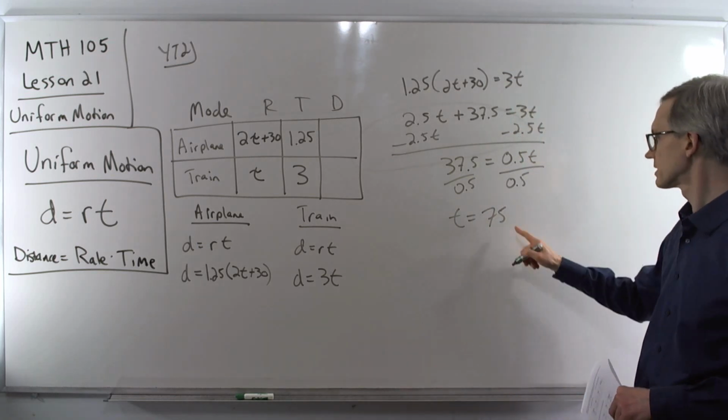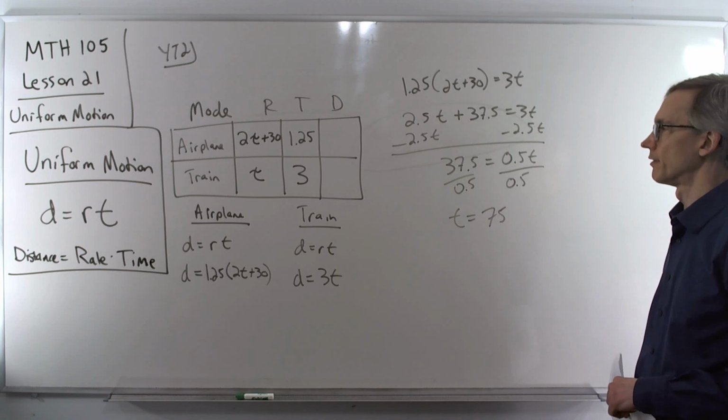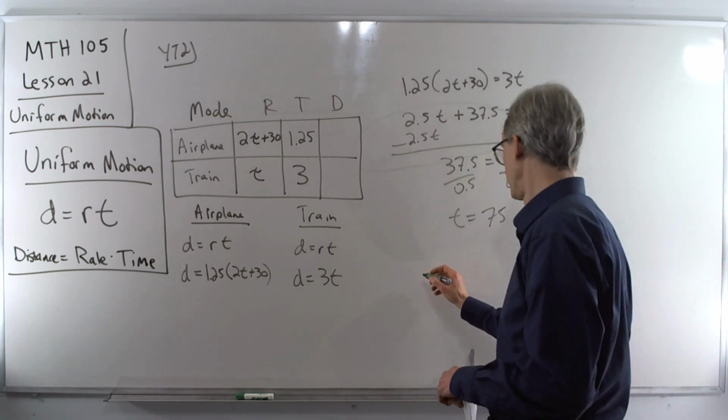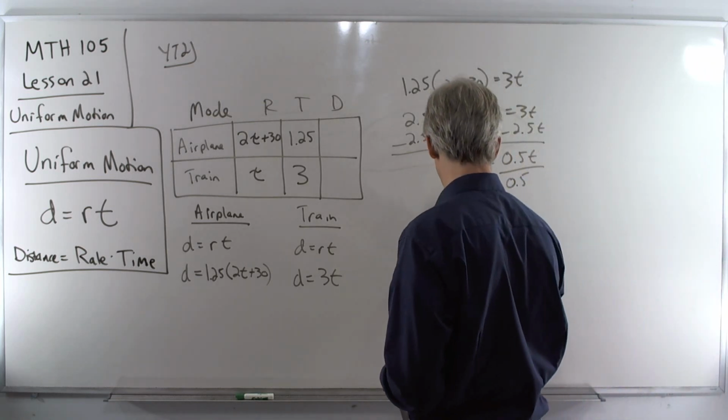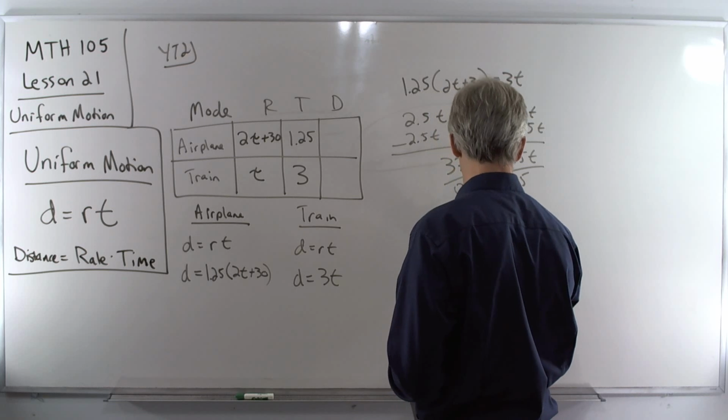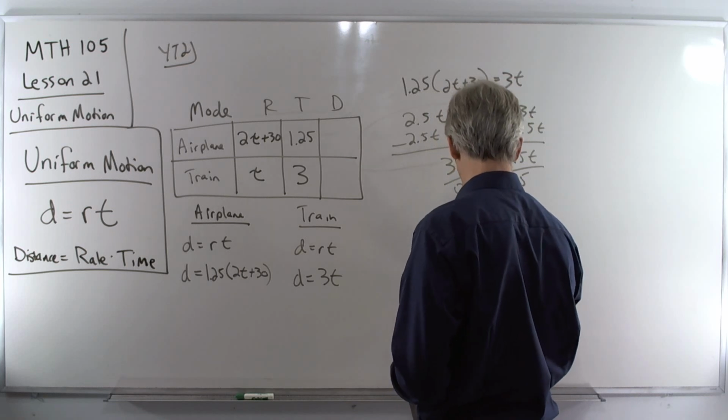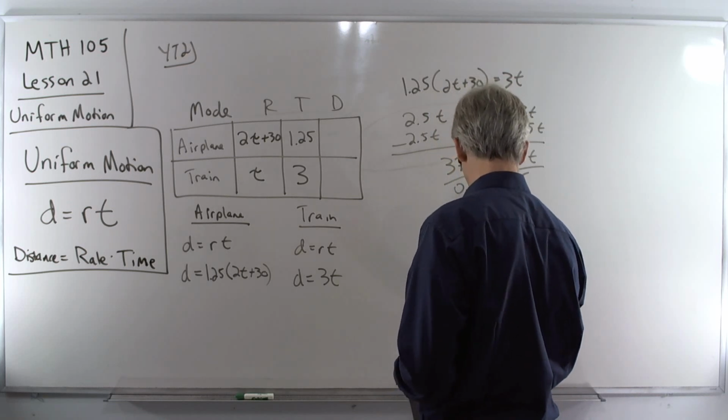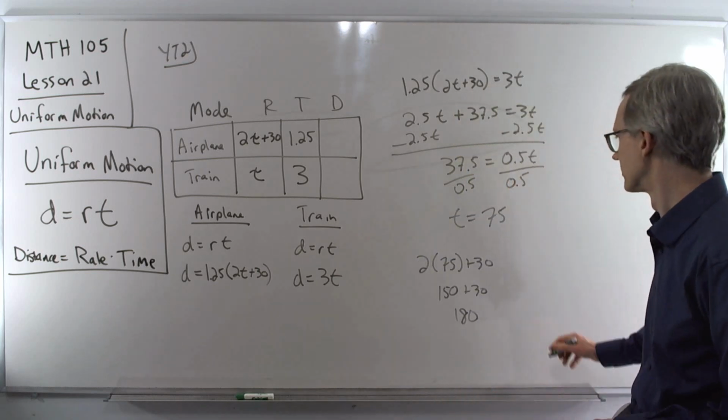So we had 75 for the speed of the train. Now the airplane is 2t plus 30, and we get 180.